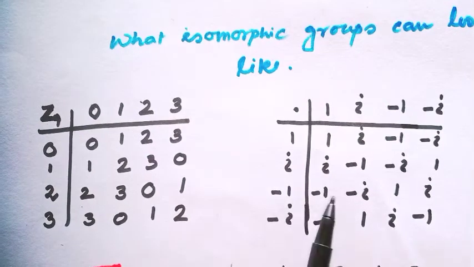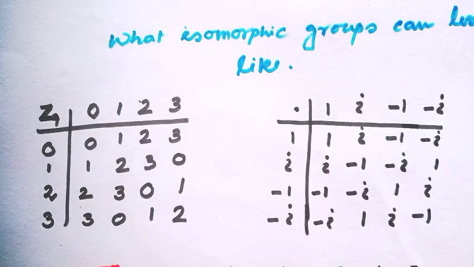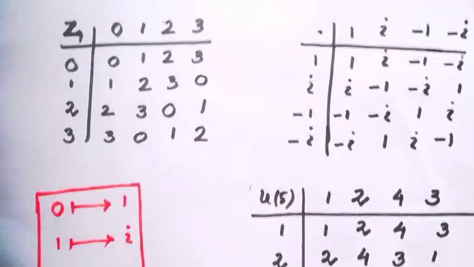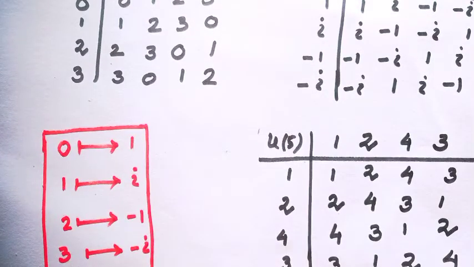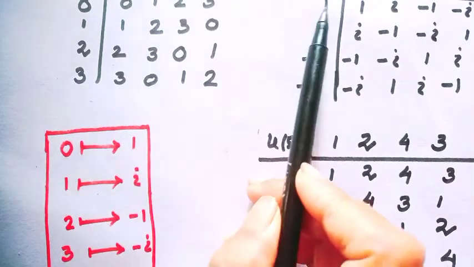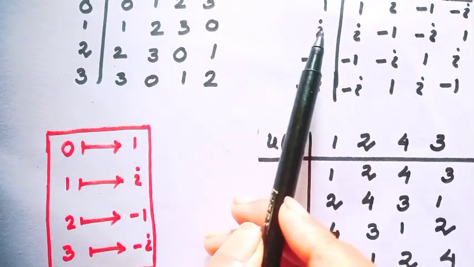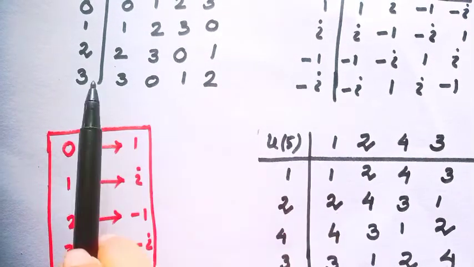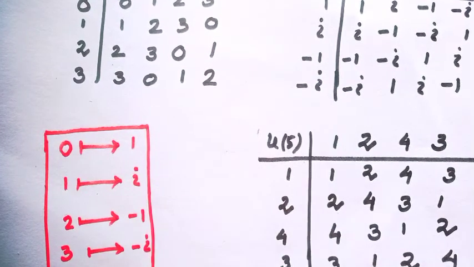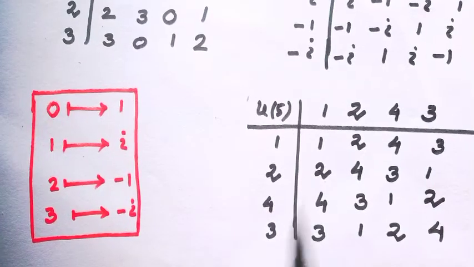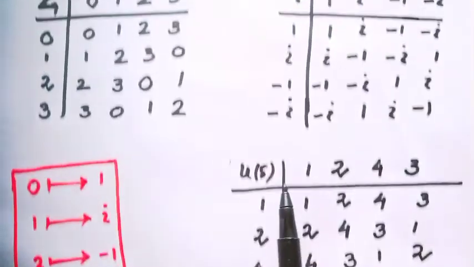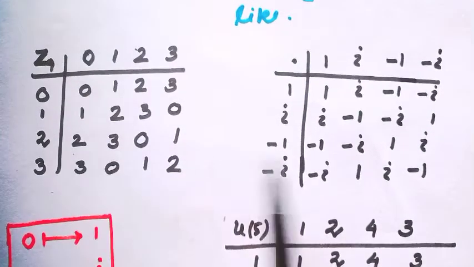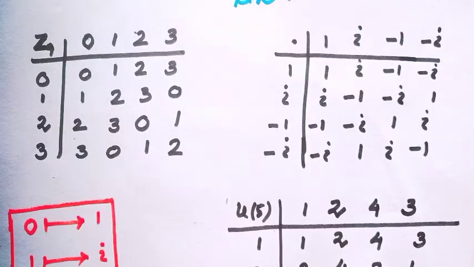So if you consider these three groups, we can construct a 1-1 correspondence between 0 to 1, 1 to i, 2 to minus 1 and 3 to minus i. So we can tell these 3 groups are isomorphic to each other.